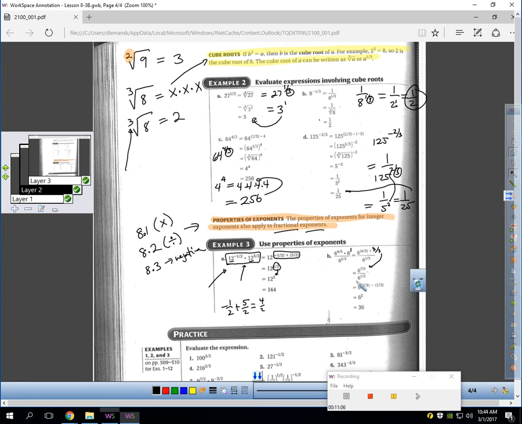Well, if I'm dividing with the same base, I can subtract my exponents. 7/3 minus 1/3 equals 6/3 power, and 6 over 3 is 2. That's why we get second power. 6 to the second power is 36. So, again, the properties of exponents we've already learned we can use today, even though we have fractional exponents.